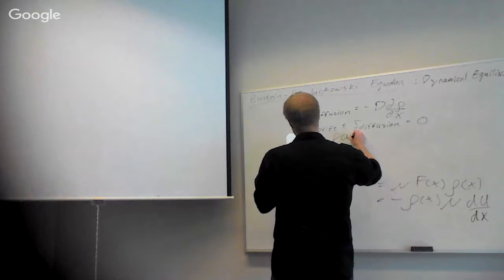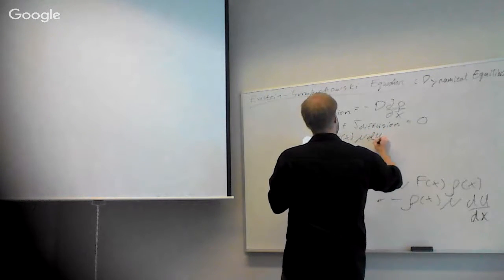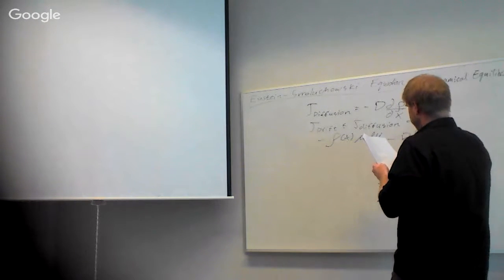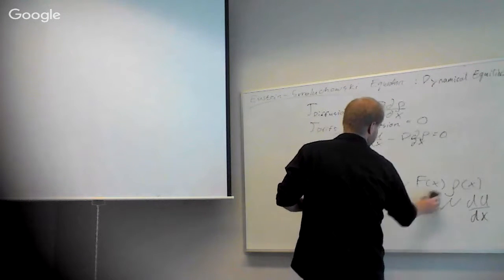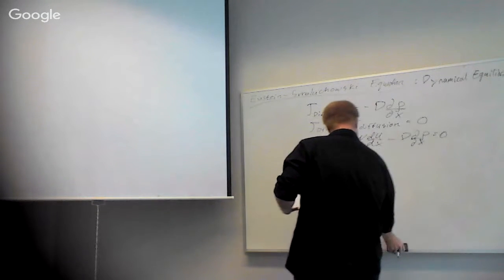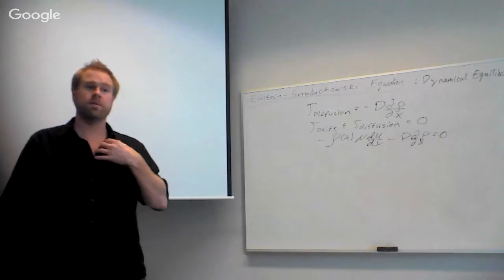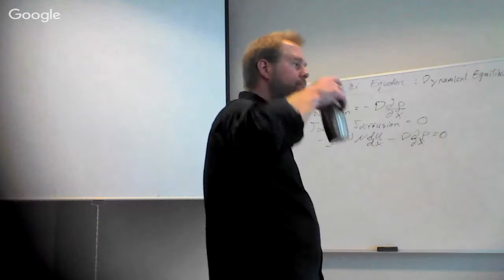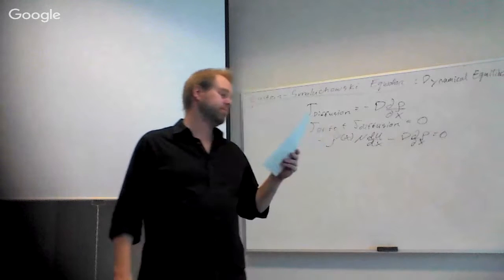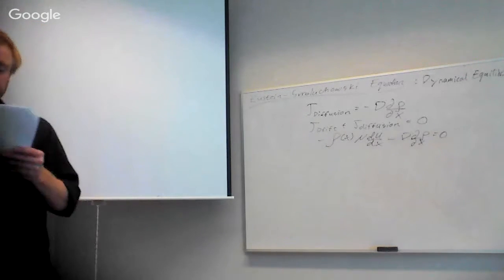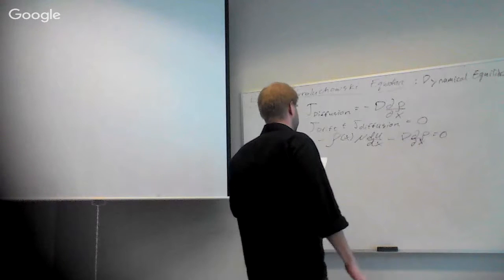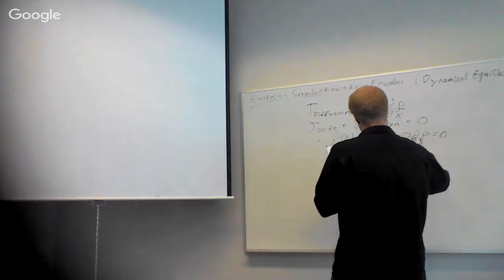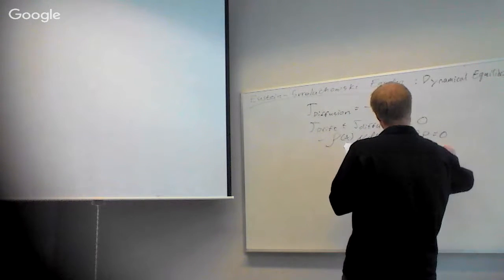All right. Well, we just wrote down this stuff, so let's plug it in. But we know d rho dx is equal to negative 1 over kT rho du dx.